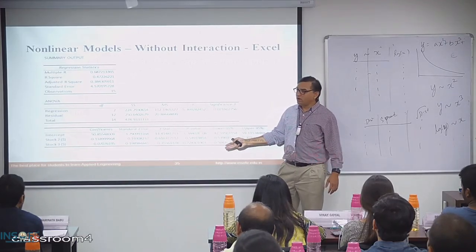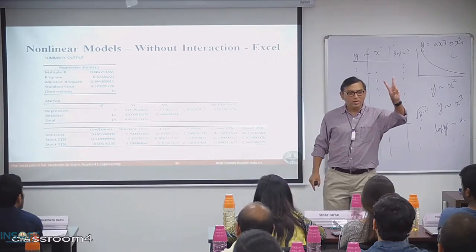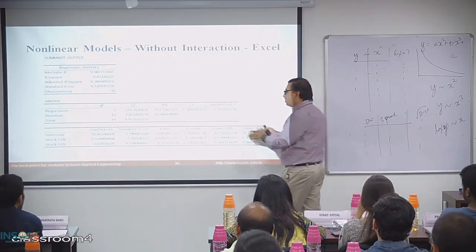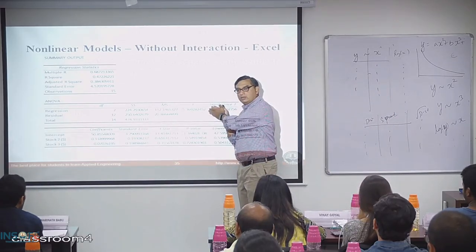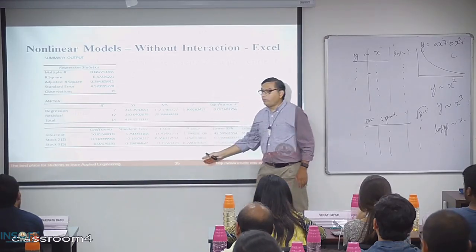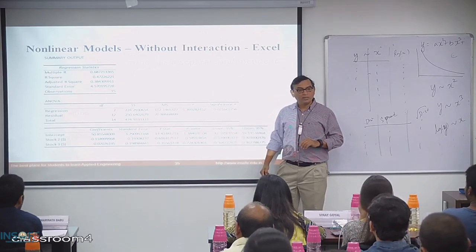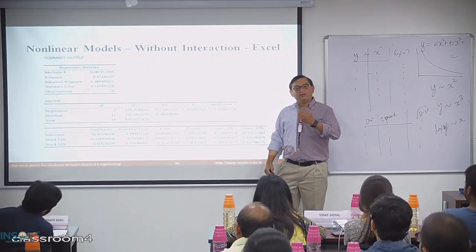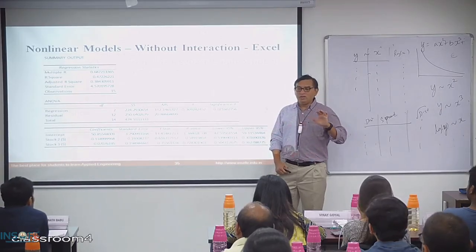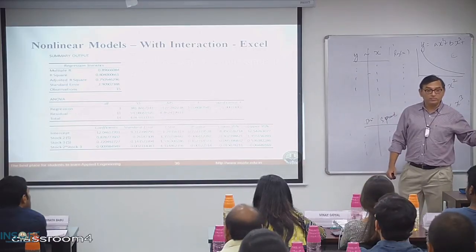How bizarre is that? The model has two independent variables. It's telling you that the model is significant, that there is some information in that. But the p-values of either one of those coefficients are not significant. It could mean multiple things. In this case, what it means is that actually there is a nonlinear interaction.